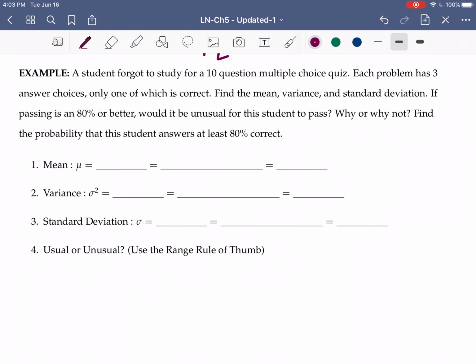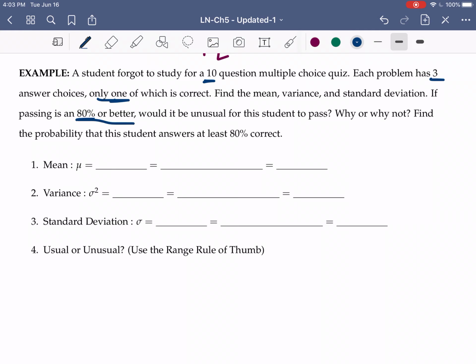A student forgot to study for a 10-question multiple choice quiz. Each problem has 3 answer choices, only one of which is correct. We want to find the mean, variance, and standard deviation. And we are going to consider passing 80% or better.